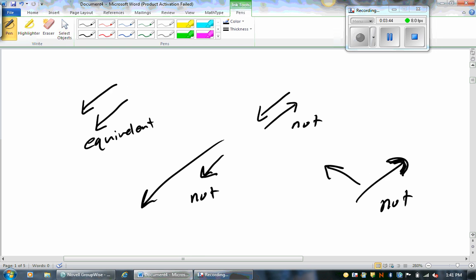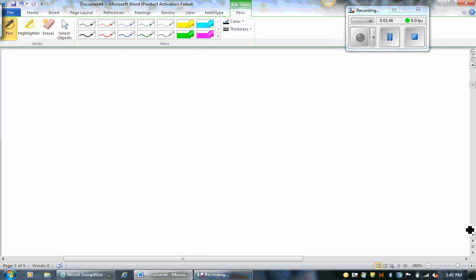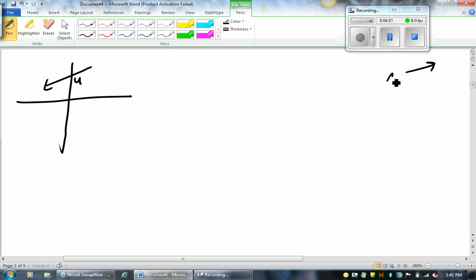Okay, so let's look at a quick example here. Let's say we had a graph, and we have one vector here, and we're going to call this vector u. Now I know I said earlier that a vector is labeled from its initial point to its terminal point, like this would be vector AB.